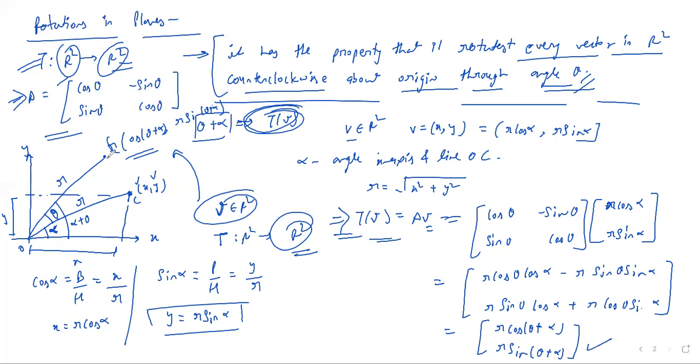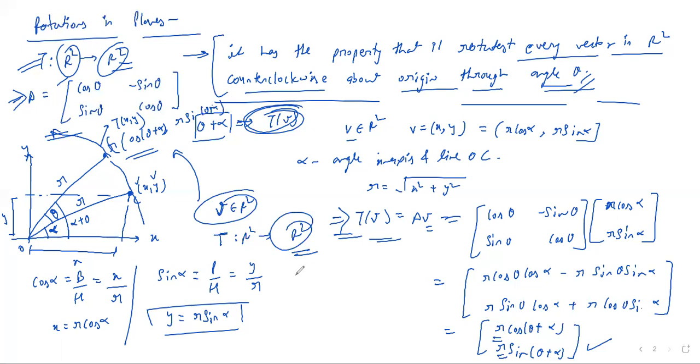The resultant of this point is my T of x comma y, the mapping, and it goes like this. This is my counterclockwise direction. It is moving like this, and we can see that the distance r remains the same. This vector v is also r, and this is also r.